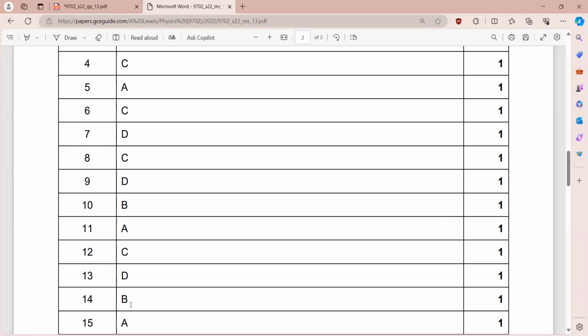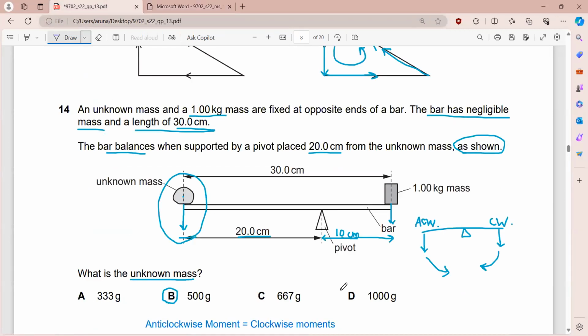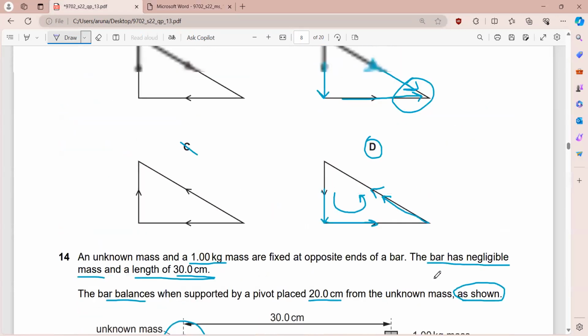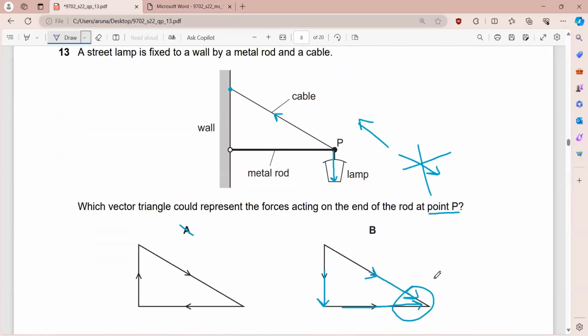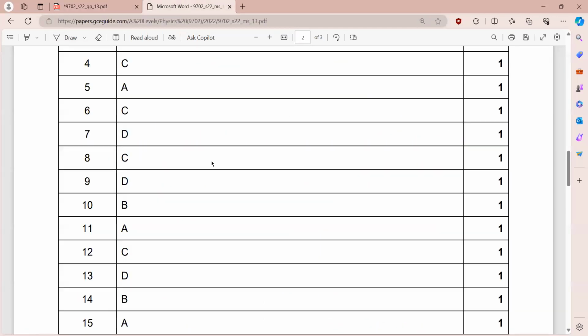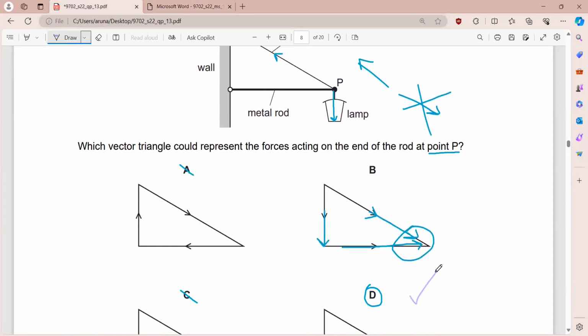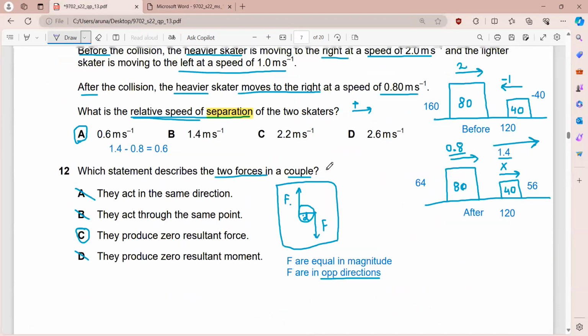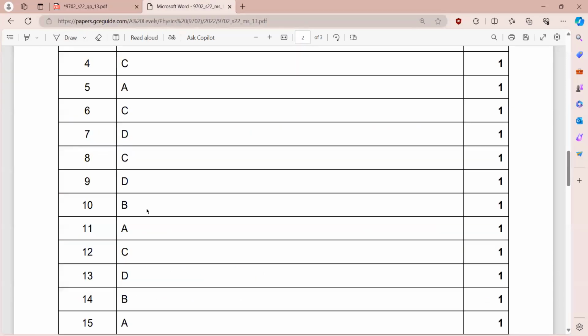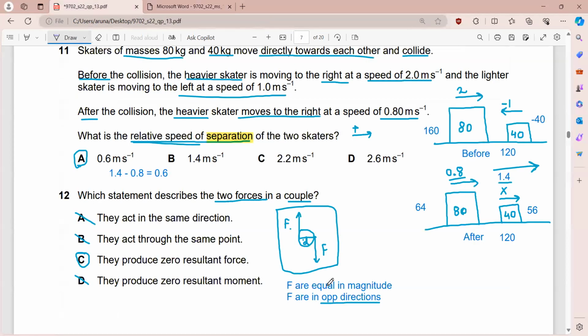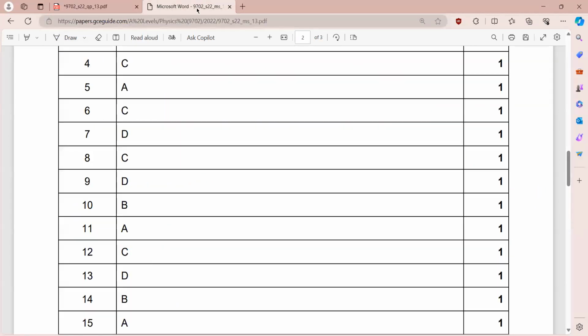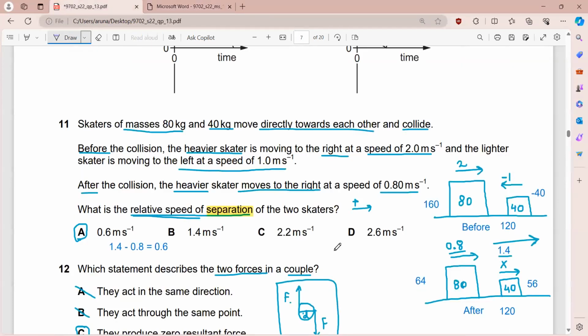Then 14B, that's right. 13 should be D. Yes, 13D, correct. 12C, correct. And 11A, so that's correct.